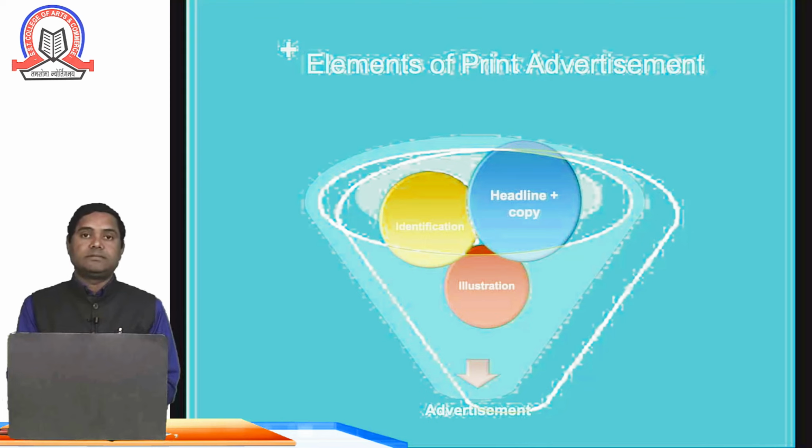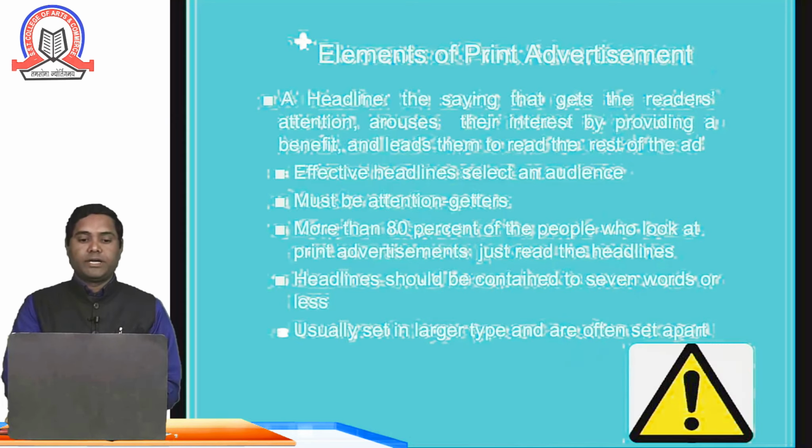Copy means the written material in the print advertisement. Then we find an illustration, a photo or image of that particular product, and then identification, that is, the brand and the logo, likewise. These are the basic elements of any print advertisement. Now we will see them one by one.